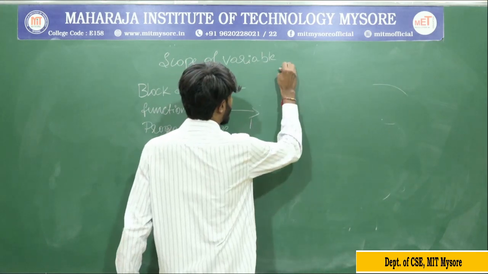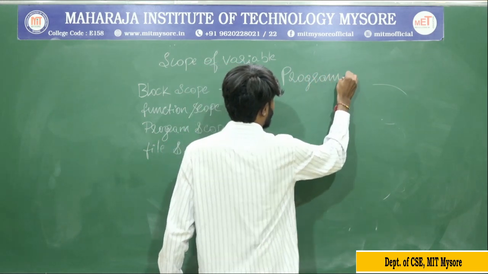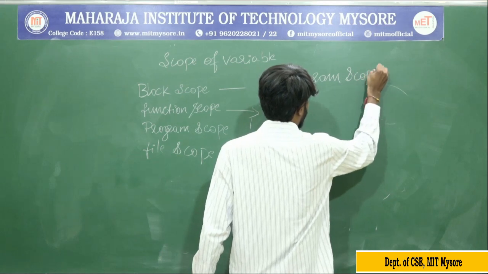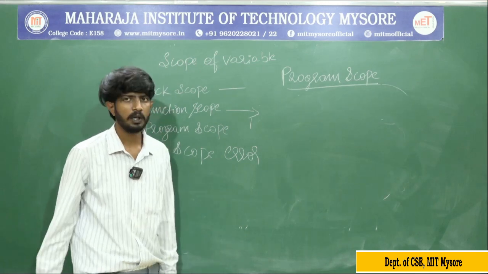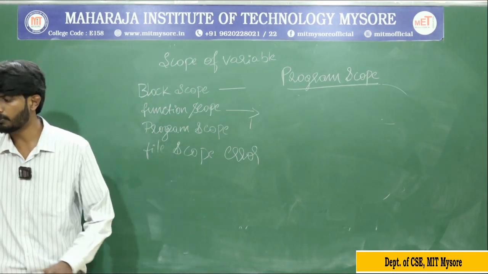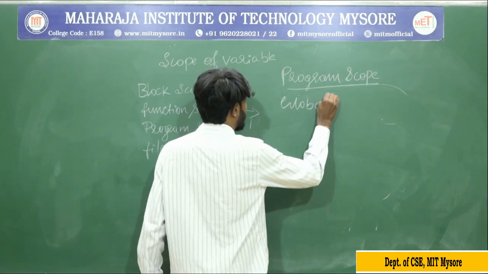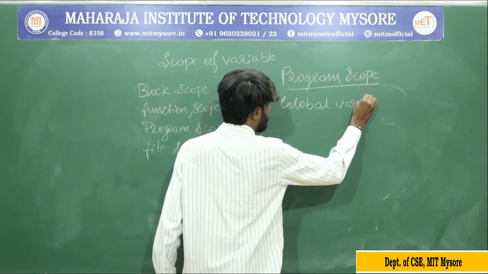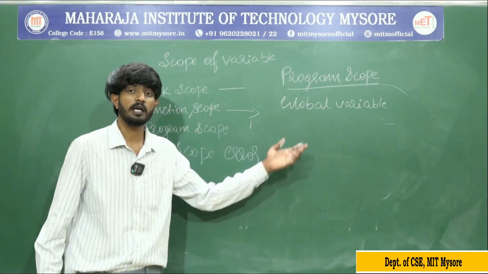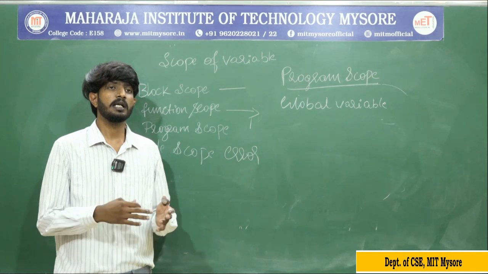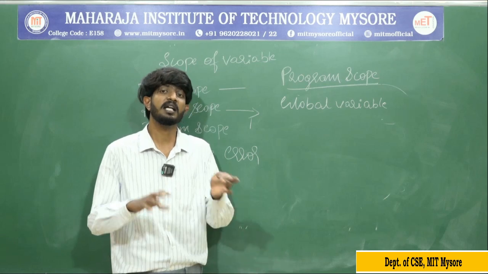Next is program scope. Program scope is nothing but a global declaration, a global variable. A global variable can be used anywhere inside a program.